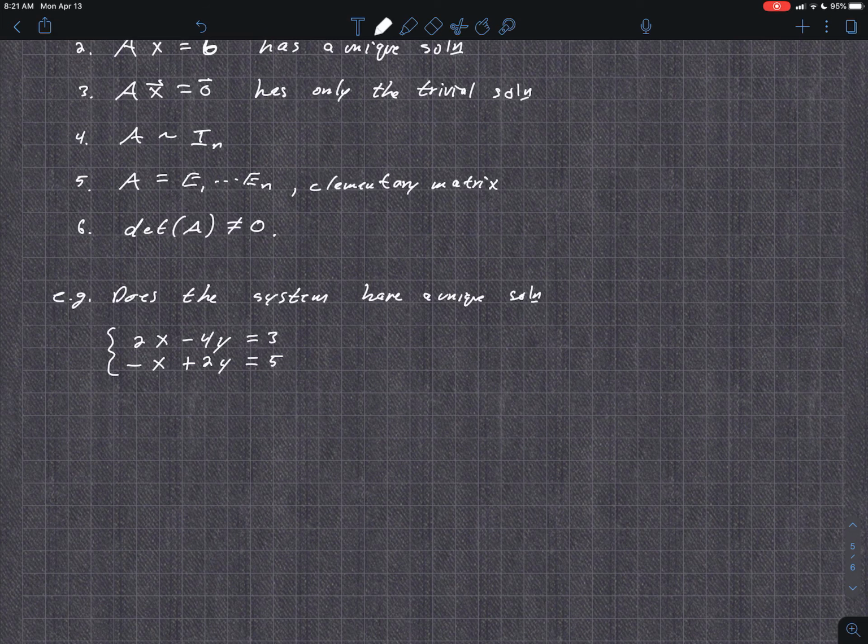This is a simple example, but you get the idea. This is in the form AX equals B, where A is the coefficient matrix: 2, negative 4, negative 1, 2. The determinant of A is 4 minus a negative 4, which is 0. So the determinant of A is 0, therefore no unique solution. So the answer is no.